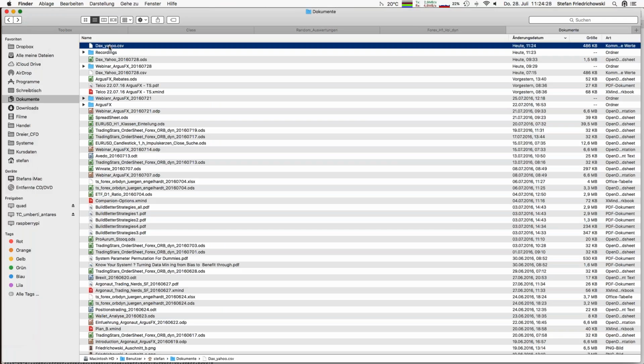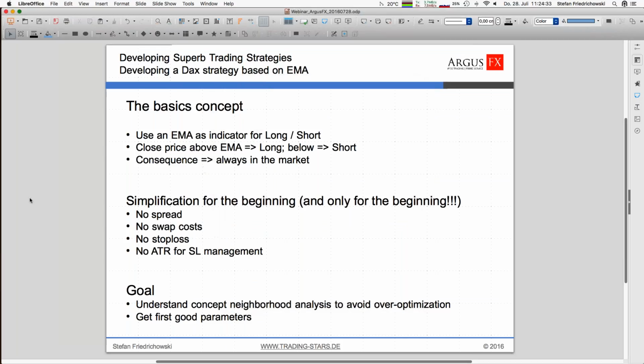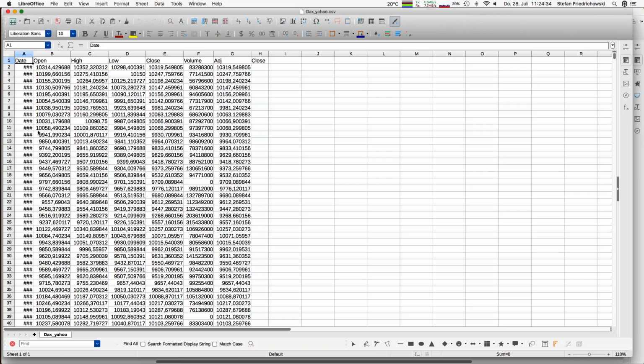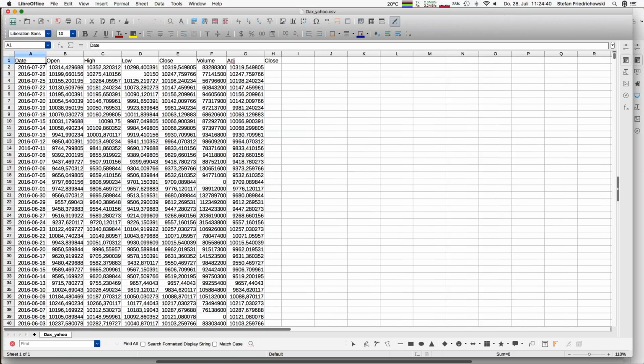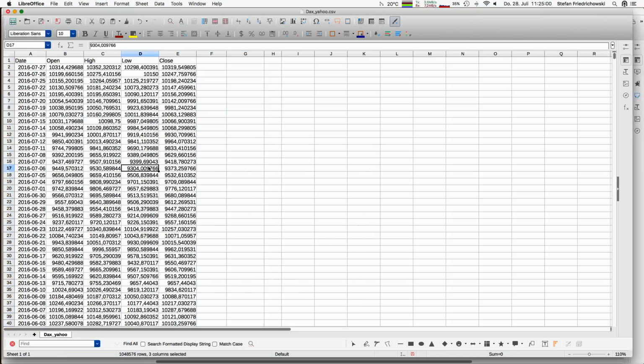Then we can open it in Excel, or in my case I use LibreOffice, but it's the same in Excel as well. So we now have the values here: open, high, low, close, and an indicator for volume we don't care about, and the adjusted close value we don't care about here either. So we can delete these columns.